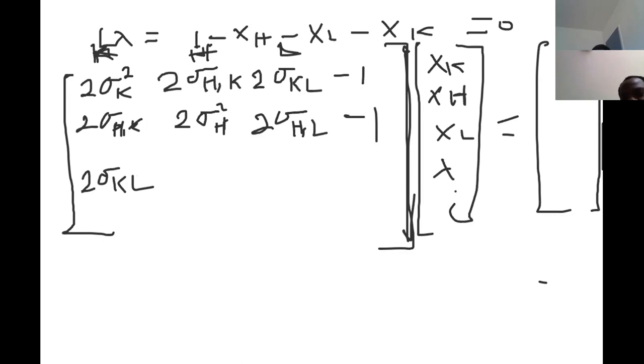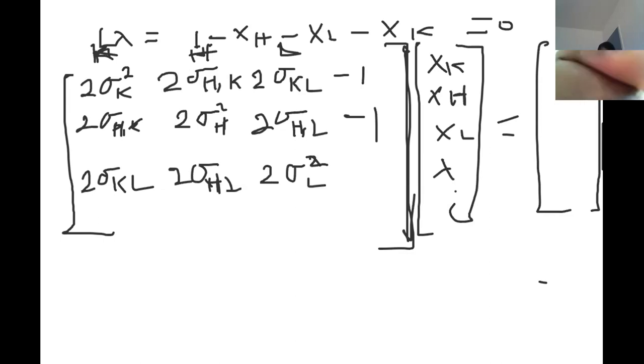And then it comes H and L, 2 covariance of H and L. And then the next one becomes 2 variance of L minus 1. And that also gives me equals to 0.